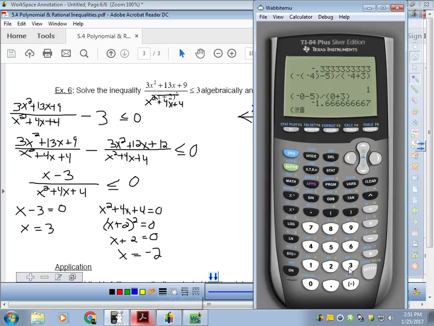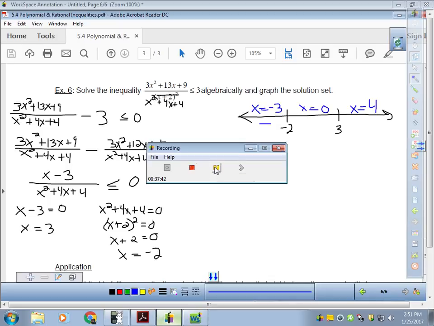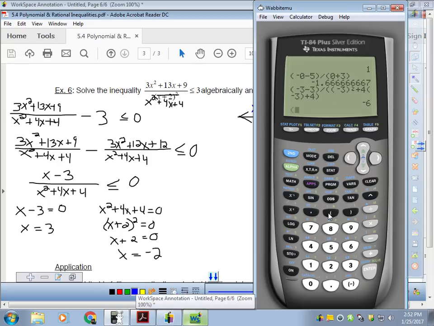So on top, I have negative 3 minus 3, close my parentheses for the top, divided by parentheses for the bottom, negative 3 squared plus 4 times negative 3 plus 4. Look at that, that comes out as a negative 6. So it's a negative there. Now 0, if we plug it in, we have on top 0 minus 3, divided by, on bottom, 0 squared plus 4 times 0 plus 4.